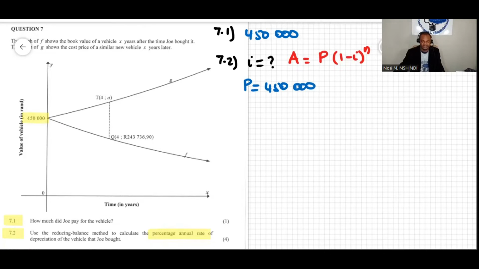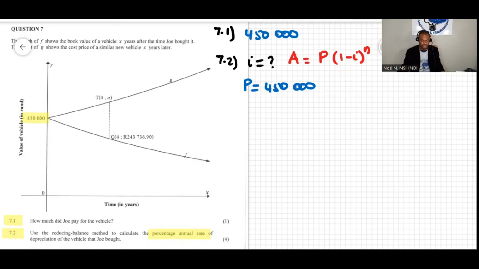When the question says the depreciation rate, it means that the price goes down. Now I'm going to look at the value here after 4 years, for instance. The price of the vehicle was now 243,000.